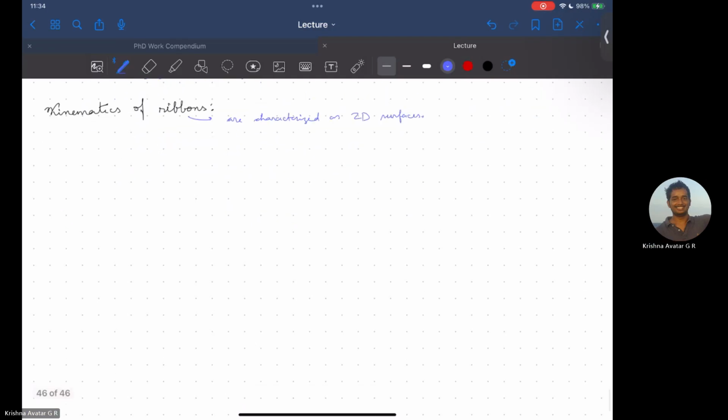So before that, what is typically done is we consider ribbons as a developable surface, in the sense that whenever you bend it, there are certain lines on the surface which remain lines even during the deformation.